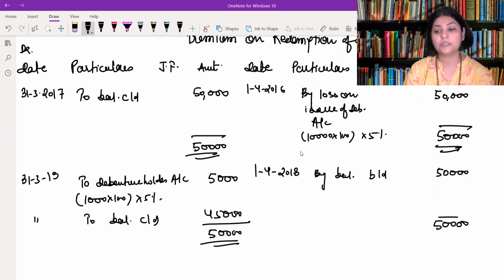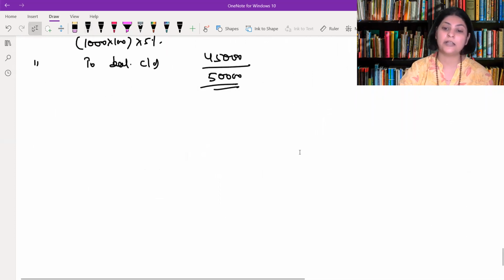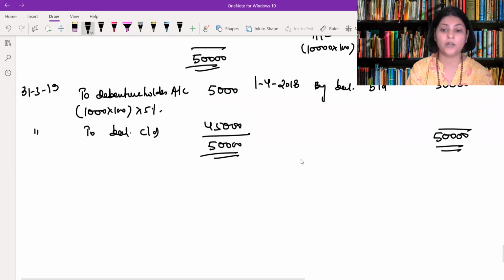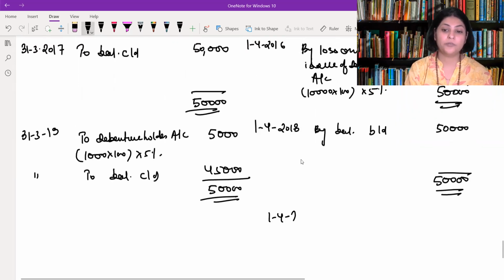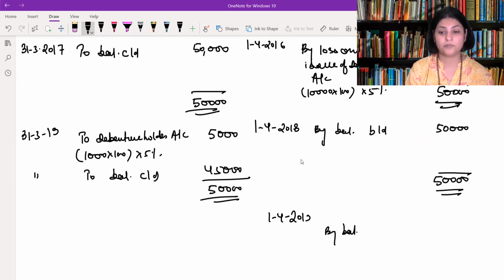Now I'm going to the third year, and in the third year, again, first of all, I'm going to write down the opening balance. Opening balance is going to be balance brought down 45,000. In this year, the company is redeeming the debentures of 2,000.